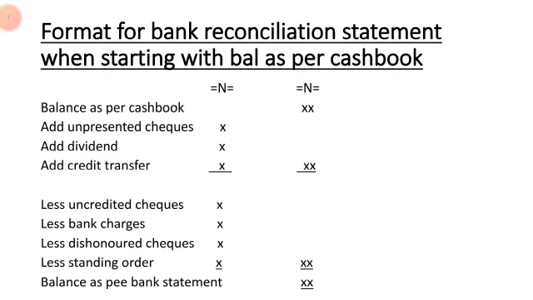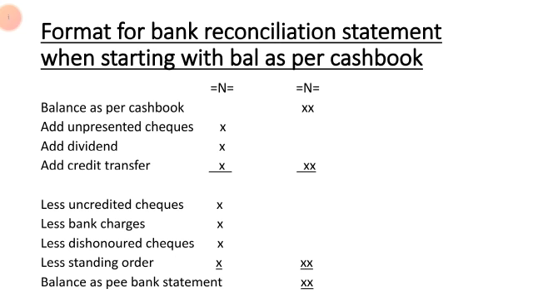Now, let's quickly look at the format for bank reconciliation statement when starting with balance as per cash book. We have it in this format: balance as per cash book.